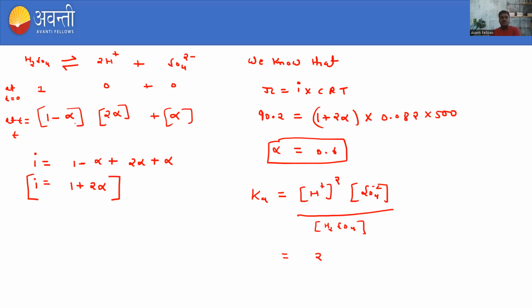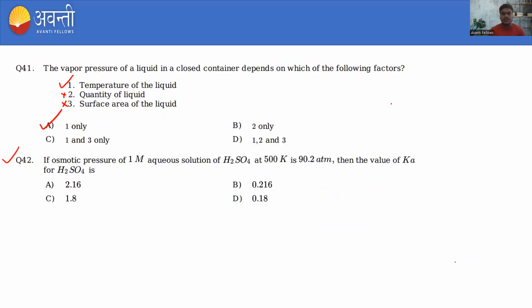So that is 2 into alpha, and alpha is 0.6, raised to the power 2. Similarly, the concentration of SO4 is alpha, that is 0.6. And the concentration of H2SO4 is 1 minus 0.6, that is 0.4. Just solve this and we'll get the value of Ka, that comes out to be 2.16.